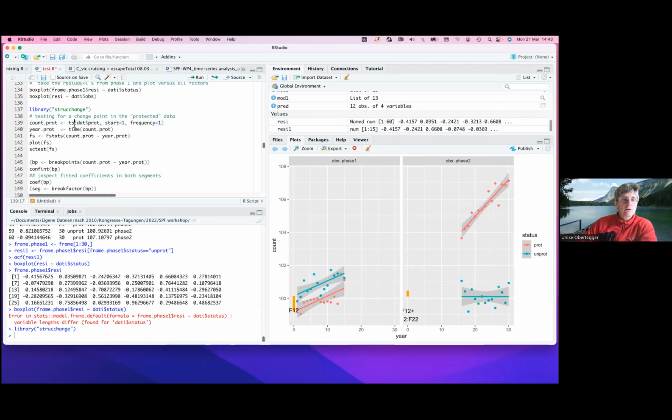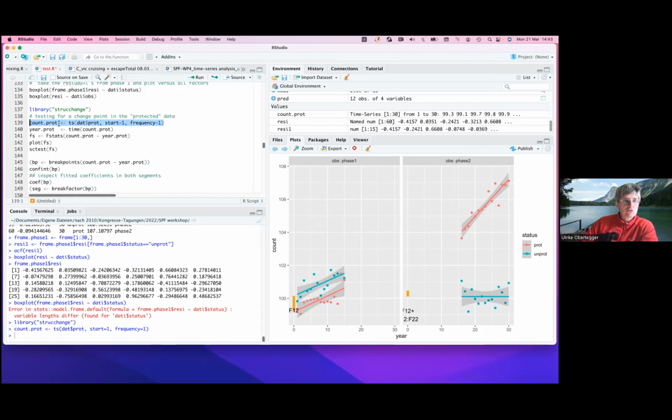So I converted this to a time series. And I did not mess around with putting here 1990 something. It just starts with 1 and it's yearly data, so frequency is 1. So we make out of these observations a time series.